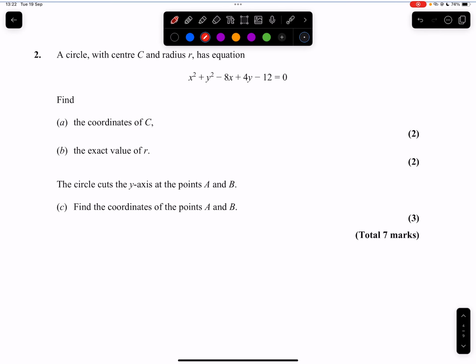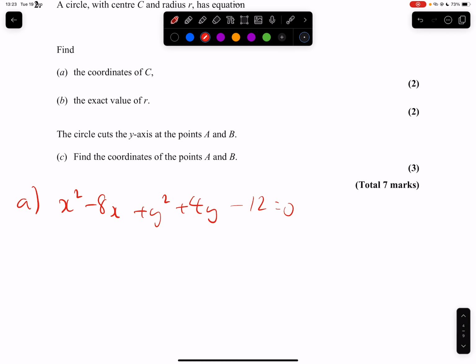Okay, pretty standard circle question. They've given us an expanded version of the formula, and we're going to have to complete the square on the x terms and on the y terms to try and find out what the coordinates of the centre are, and what the radius is. So get the x's next to each other, get the y's next to each other, and if we take this section here, that would turn into (x minus 4) squared, take away 16 when we factorise it.